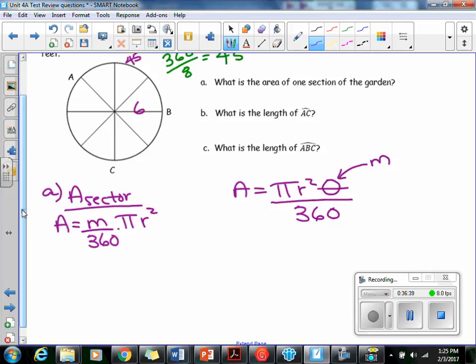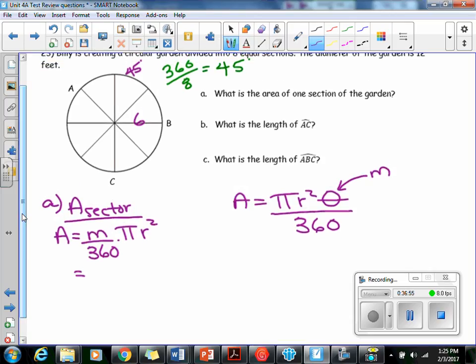So we write it as our m. That theta means your m, or your angle measure. So let's plug in. What is the measure of your arc in this problem? The arc is 45 degrees. Remember up here? Each arc is 45. They asked the area for one arc.